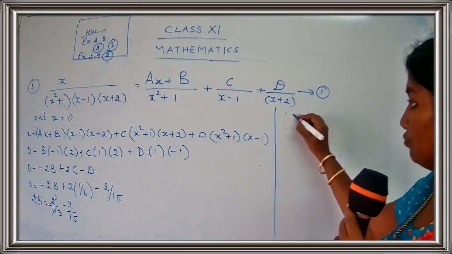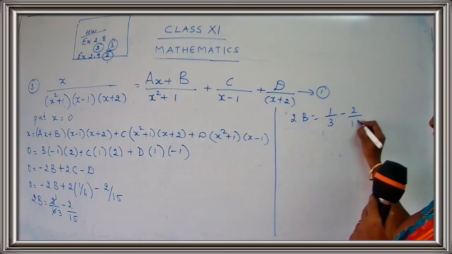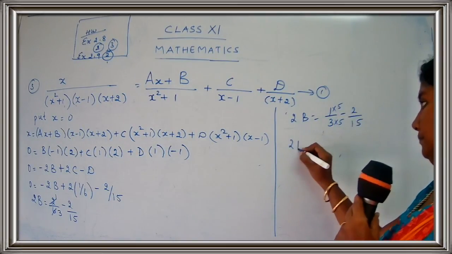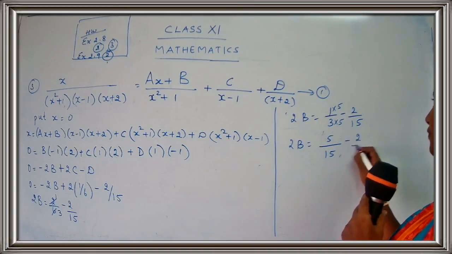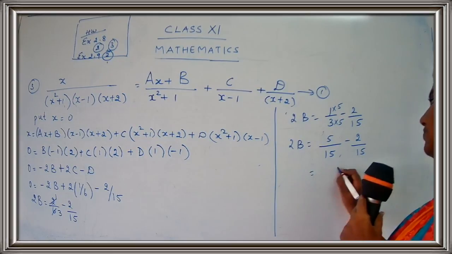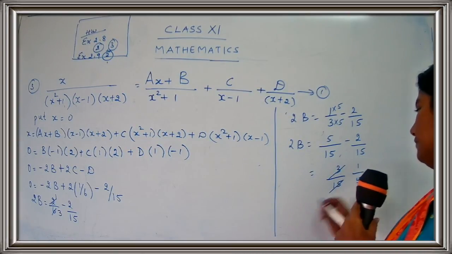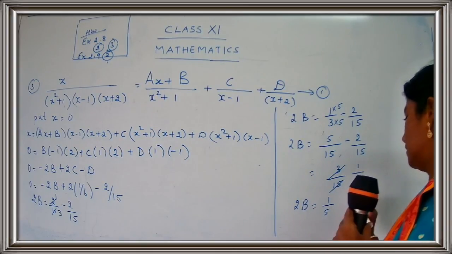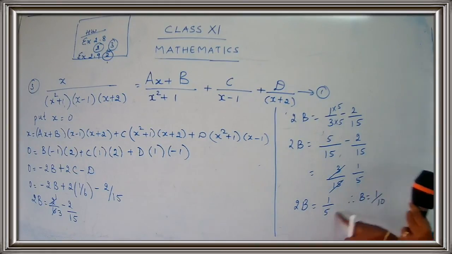So I'll just get here 2b is equal to 1 by 3 minus 2 by 15. So multiply by 5, multiply by 5. 5 upon 15 minus 2 upon 15. So 3 upon 15. So you get 1 by 5. So 2b is equal to 1 by 5. So b is equal to 1 by 10. The 2 comes to the denominator. So you get b is equal to 1 by 10.